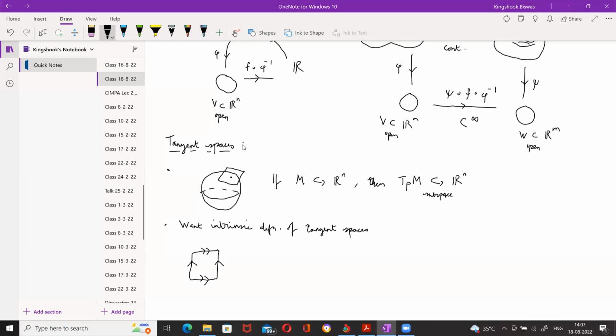So this gives you an abstract manifold as a quotient of some subset of Euclidean space, this square modulo the quotient relation. So it doesn't come with any preferred embedding into Euclidean space. So in this case, how would one define the tangent space? We want an intrinsic definition.